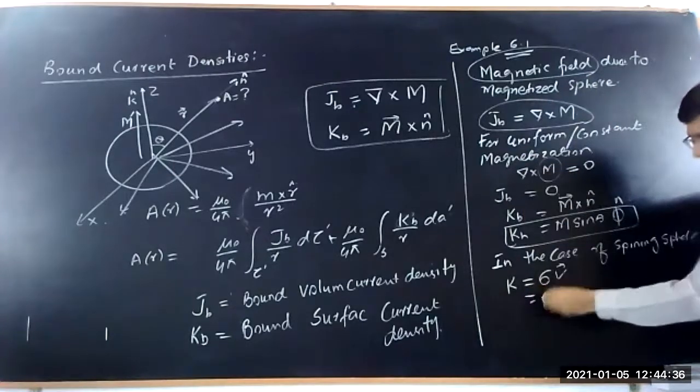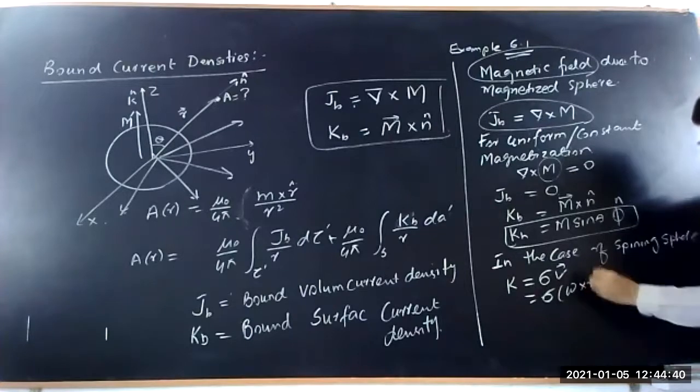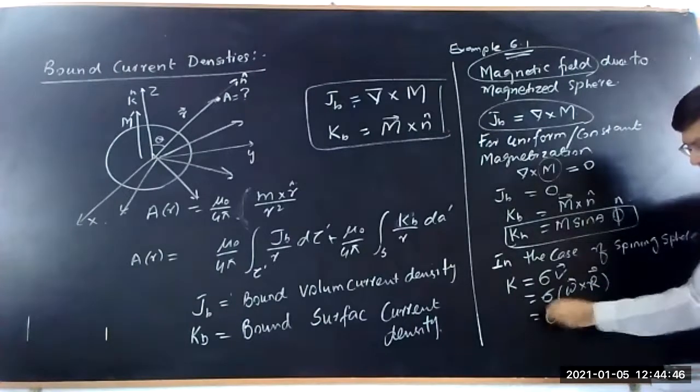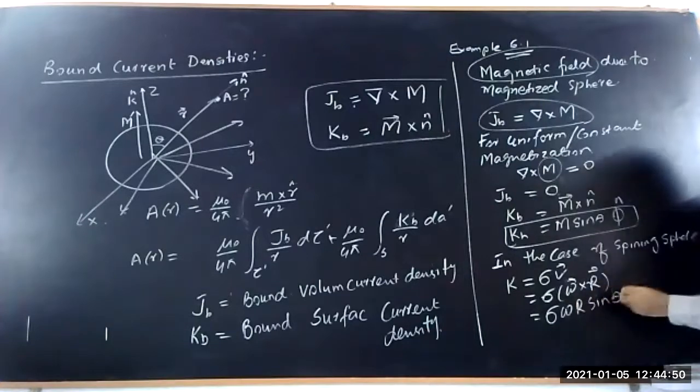So this sigma V can be written as omega into R. Omega is the angular velocity and r is the radius. This can be written as sigma omega r into sine of angle theta.